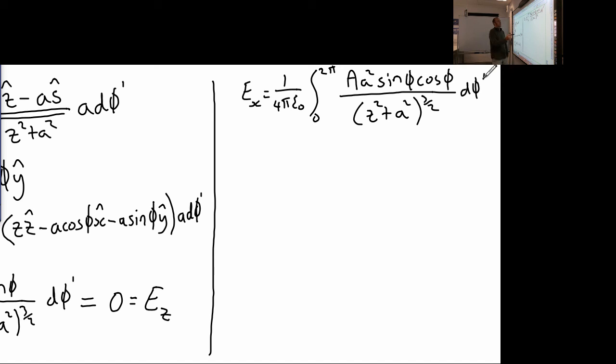Now taking the integral of sine phi cos phi between 0 and 2 pi for phi results in 0.